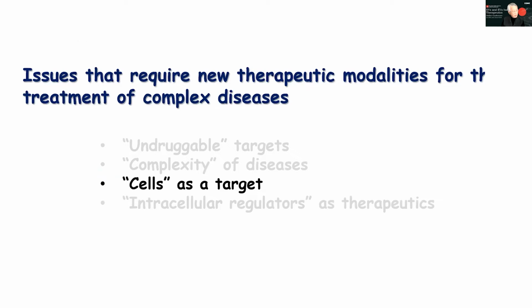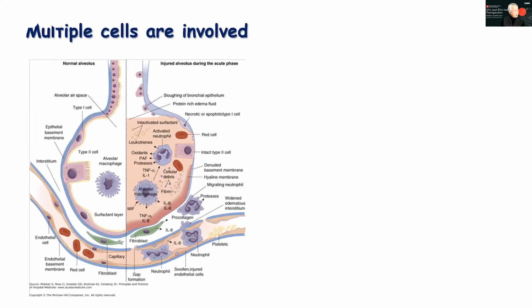And so the next issue is cells as a target. So many different types of cells are involved in complex disease, like here in ARDS. Type 1 and 2 alveolar cells are involved, alveolar macrophages are involved, and fibroblasts, neutrophils, platelets, and RBCs, etc. So many immune cells are also involved in this process.